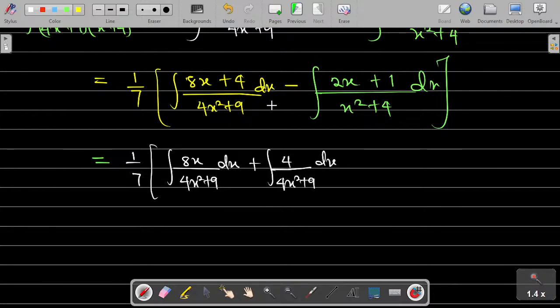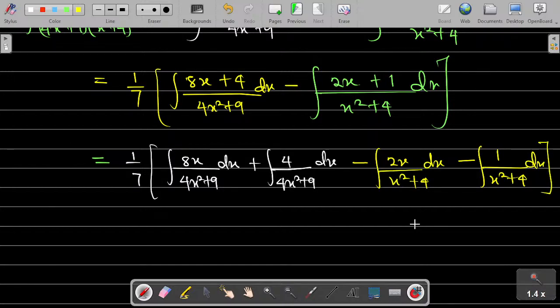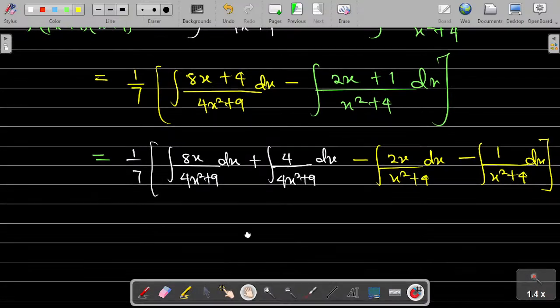Then minus will now affect these two if I split them, and that will be minus 2x all over x squared plus 4 dx. Then another minus integral of 1 all over x squared plus 4 dx. And this completes the 4 integrals that we expected to now simplify.